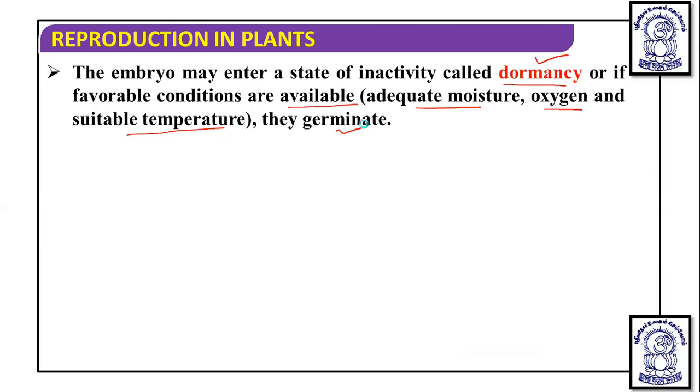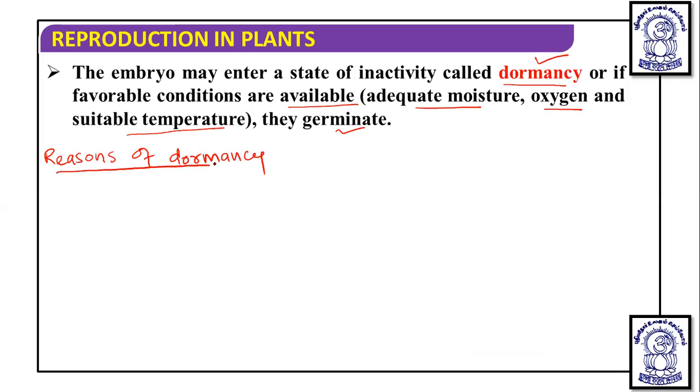You know that dormancy is a sort of state of inactivity. So when unfavorable conditions are there, dormancy can occur. Dormancy can occur due to different reasons. So first we talk about the reasons for dormancy.